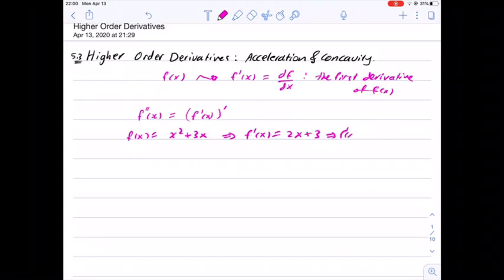And then to find the second derivative, we differentiate this function again. So we differentiate the derivative. So this is 2. If we want to find the third derivative, this is 0 because the second derivative is a constant. That means the third derivative is 0, and so on. So that's what we mean by higher order derivatives: second derivative, third derivative, and above.